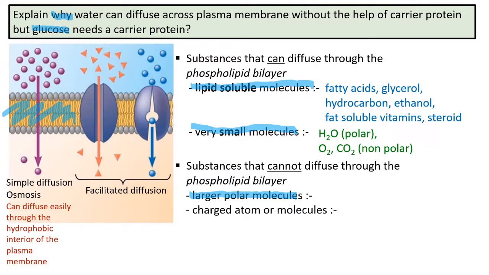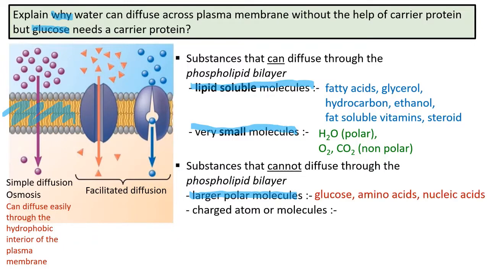If the glucose comes to the phospholipid bilayer and wants to move across it, then the hydrophobic tail will say, "You are polar, hydrophilic, and I am hydrophobic. I won't let you go." So how?